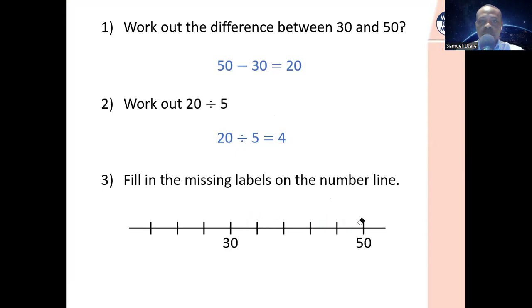To find out the value of each interval, we're going to do 20, the difference between 30 and 50, divided by the number of intervals. So each interval is equal to 4. We can use that knowledge to fill the missing labels. Not forgetting the missing labels before 30, we can count backwards in 4s, which will give us those values there.